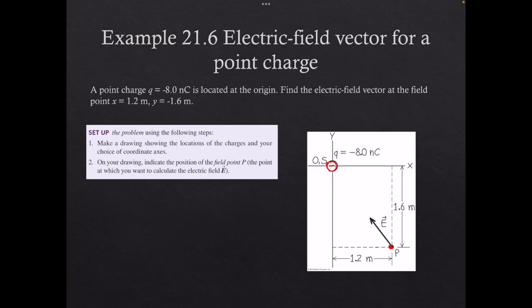So the electric field vector at point P is going to point directly towards, if I draw a straight line between the two, the negative charge, at the location of P, because that's where we want to know the E field vector. So we kind of know the answer. We just need the quantitative part of the answer. So let's do that.